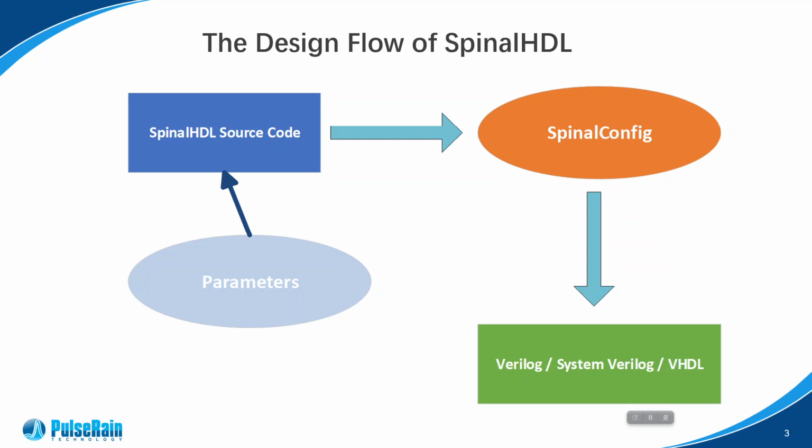You first prepare all the parameters and set up the source code, feed the parameters to the source code, and then there is something called a spinal config, which is another set of parameters just for the configuration itself. It will take the source code and then produce Verilog or SystemVerilog or VHDL, depending on what you choose.